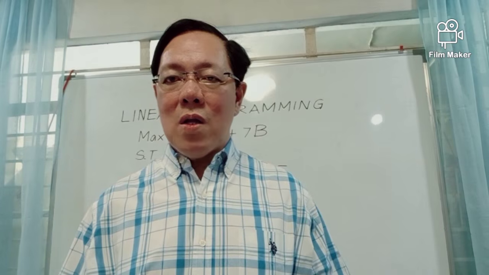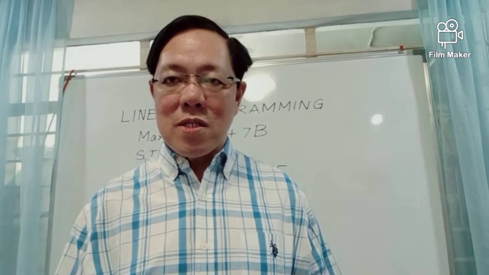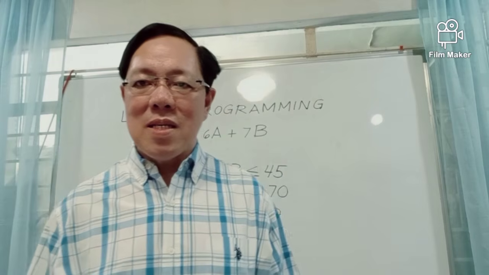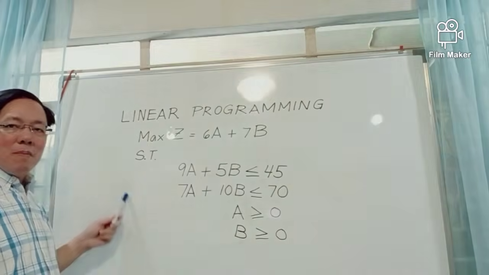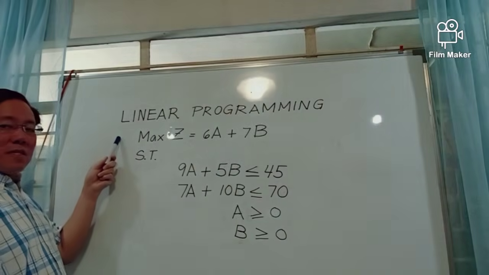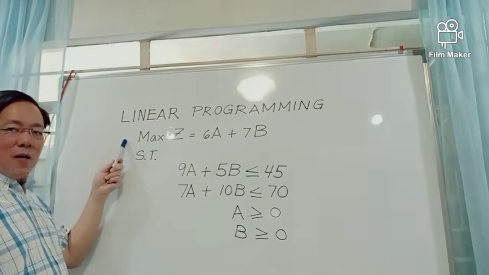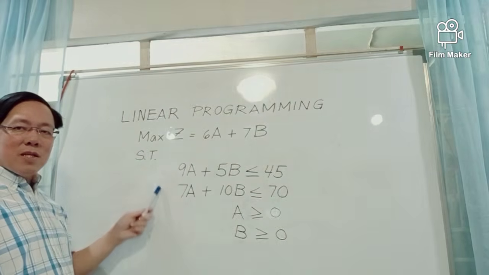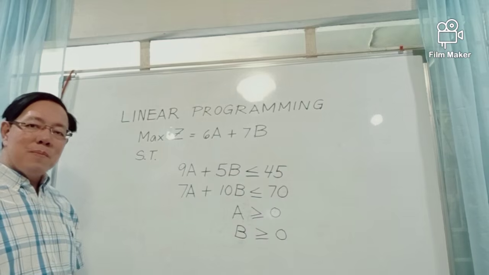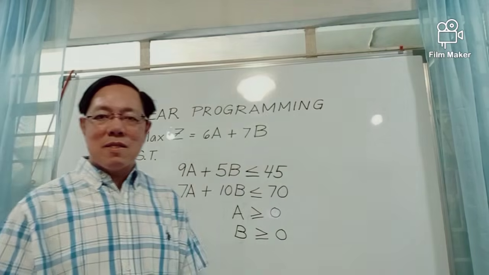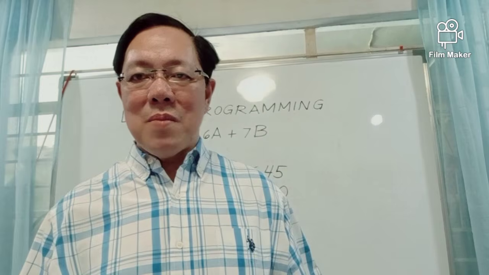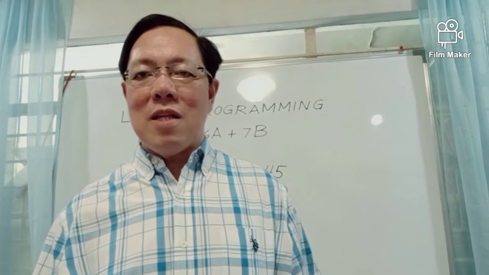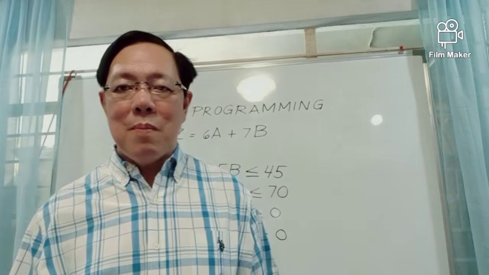An example of a problem that we will solve in linear programming is this linear program. This set of linear functions and linear inequalities makes up what is known as a linear program. A linear program is the mathematical translation of a problem.